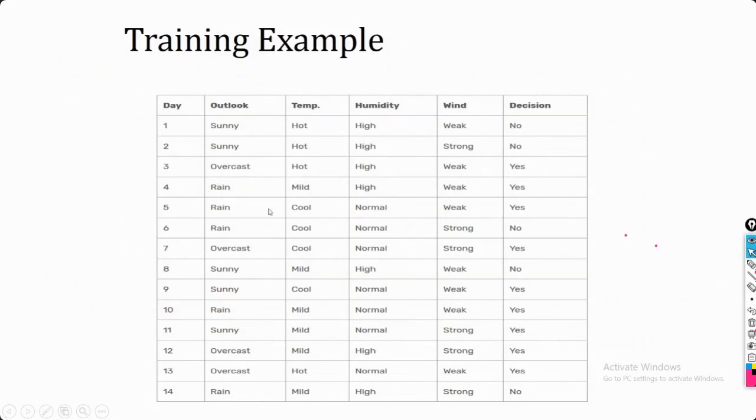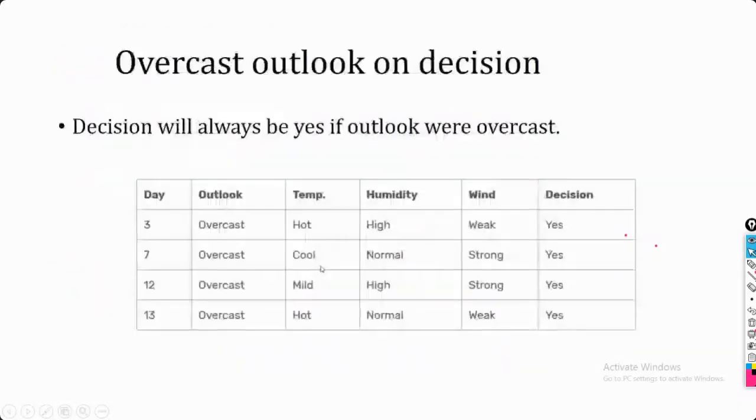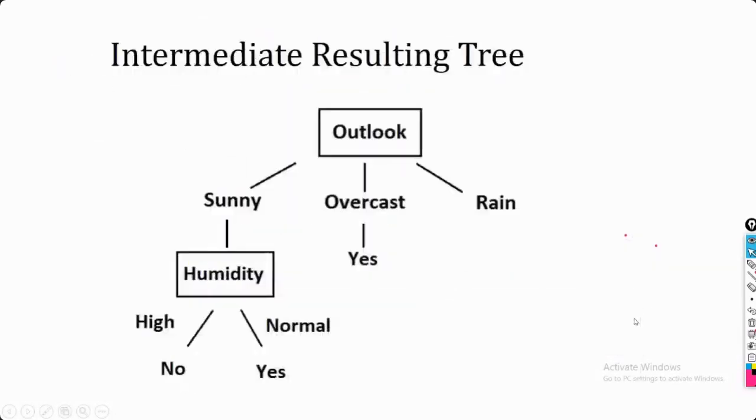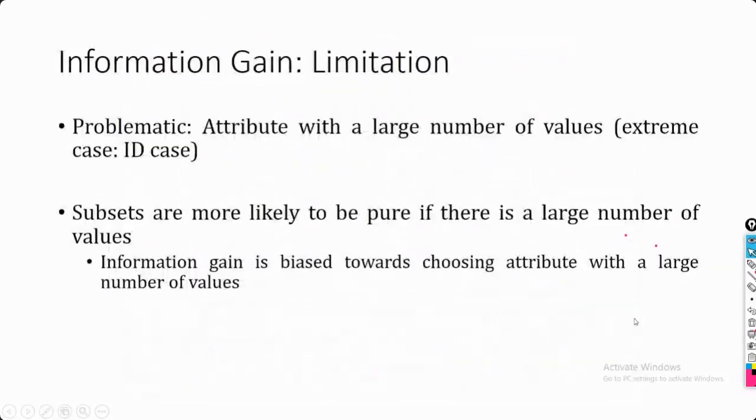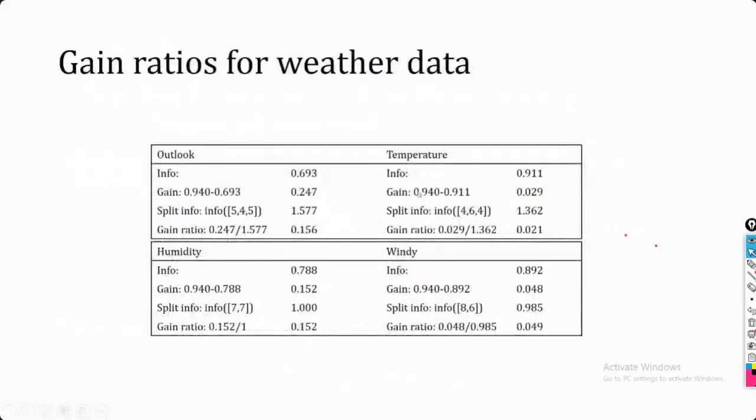Again we are going to count the number of hot, the number of mild, and the number of cool. Based upon that, I will calculate this split information for the temperature attribute.